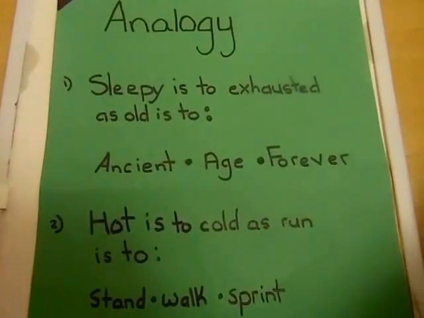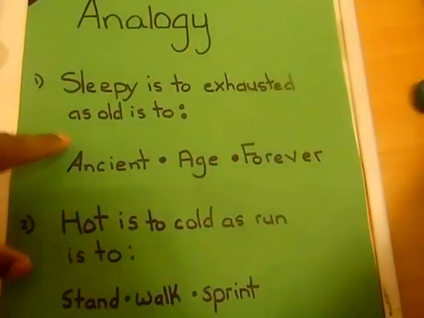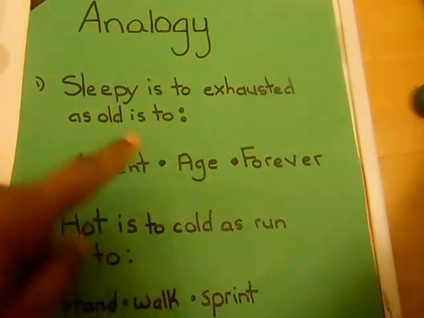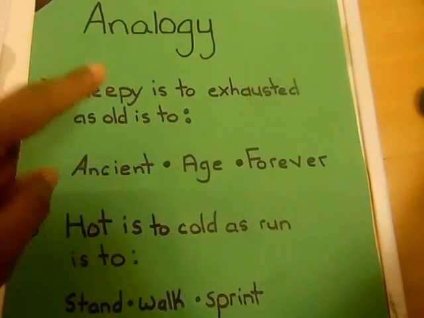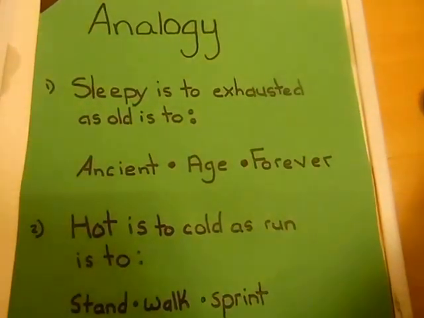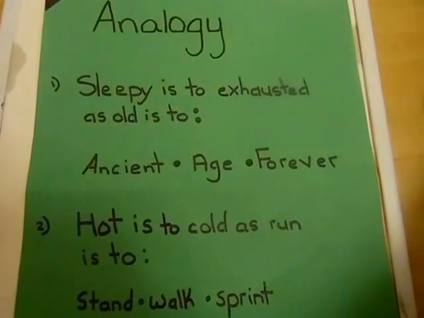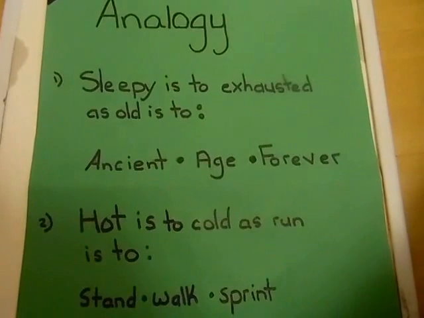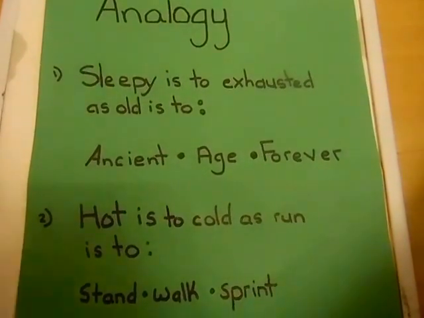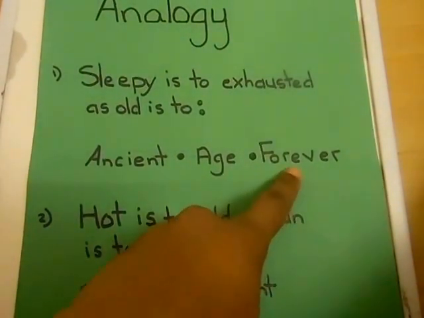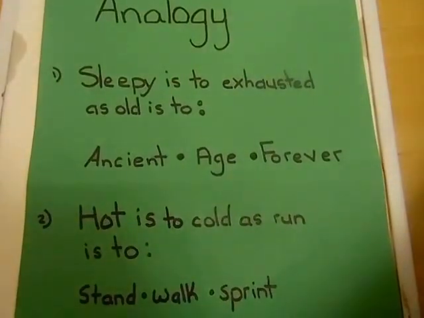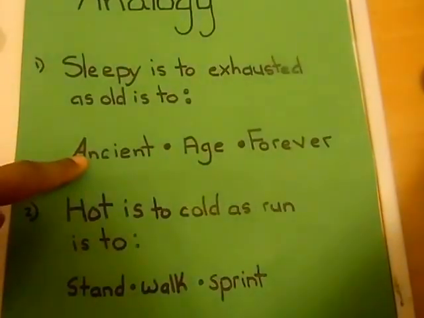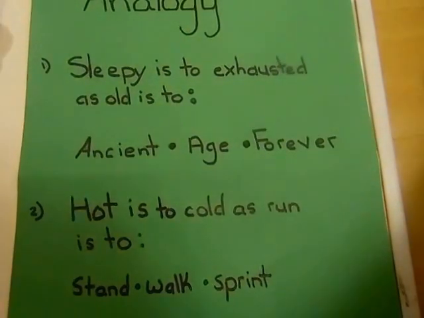Okay, so which one of these words has the same meaning as old? So the pattern is like, or you can say synonym if you like. So old is like ancient, old is like age, or old is like forever. If you guessed ancient, then you are correct.